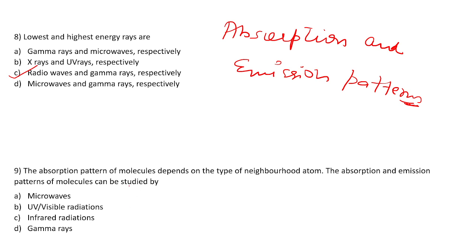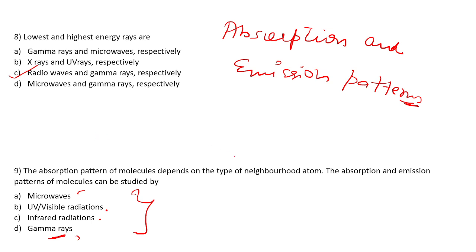Which has the highest energy here? Tell me. Gamma rays has the highest energy. Then lowest energy, microwaves. Then infrared rays, then UV, then gamma rays. This is the energy order.